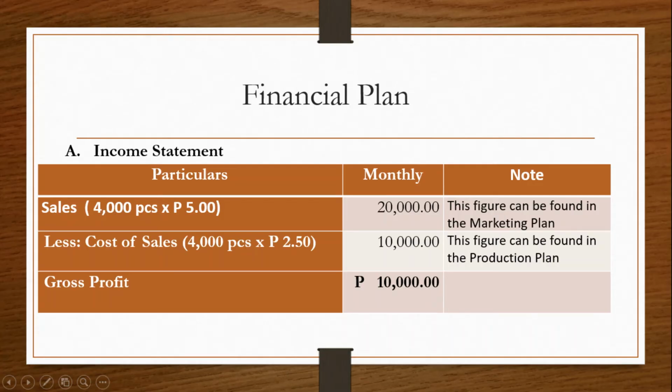In the income statement, we will first consider the major items, which are the sales and cost of sales. In a typical accounting system, cost of sales includes direct material and direct labor.